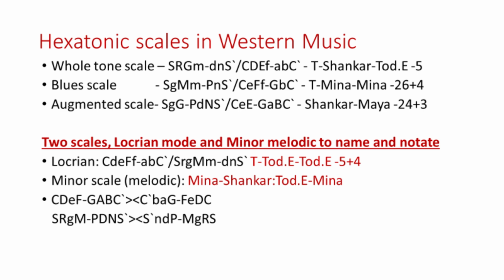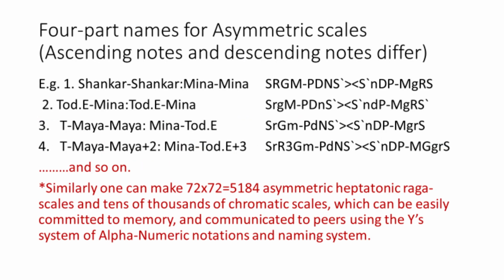I don't know why they left out the ascending and descending being different for all heptatonic scales. Maybe it is there, or I have failed to see it. If it is there in any theory books, and if you are a Carnatic musicologist, please let me know in the comments. So that possibility gives us another 72 into 72 possibilities of different scales.